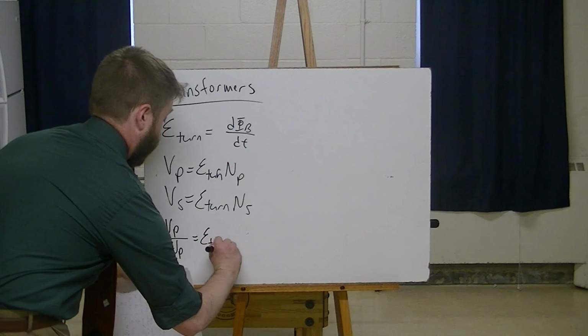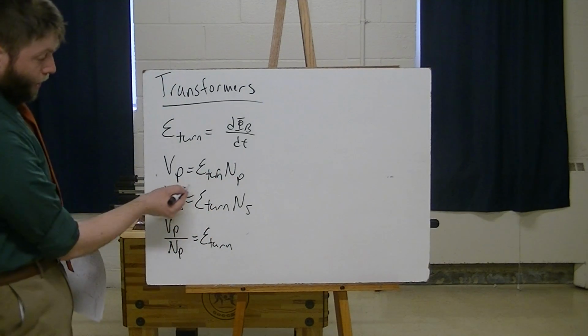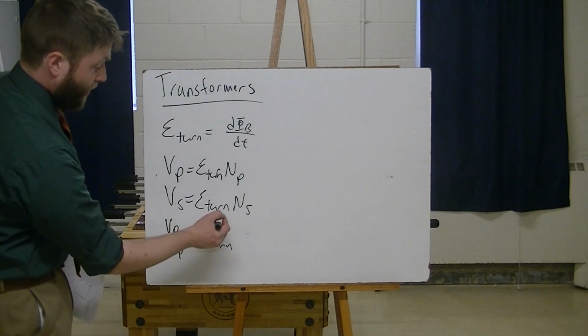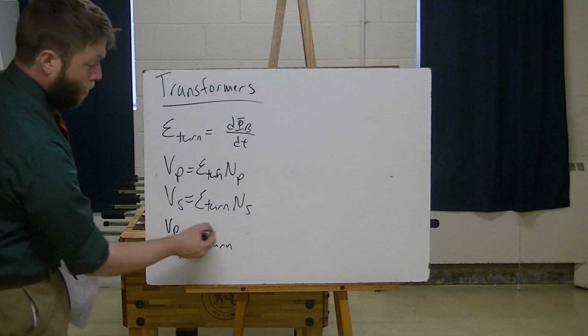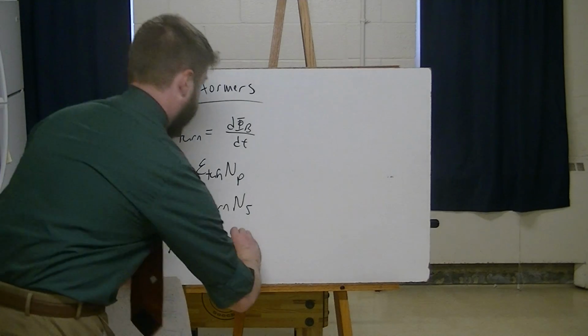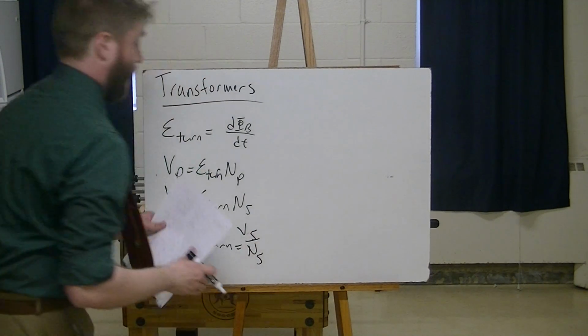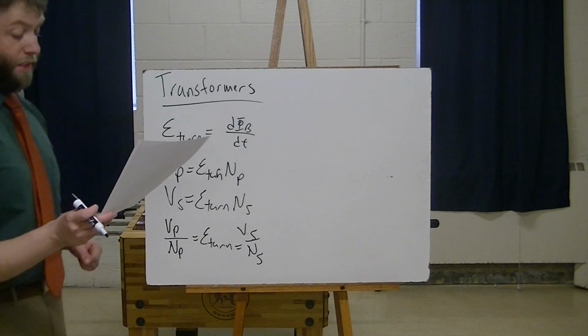the EMF per turn. All I did here was move the number of turns over into the denominator on this side. I'm going to do the same thing over here, moving the secondary over to the other side. So that's equal to the voltage of the secondary divided by the number of turns of the secondary.